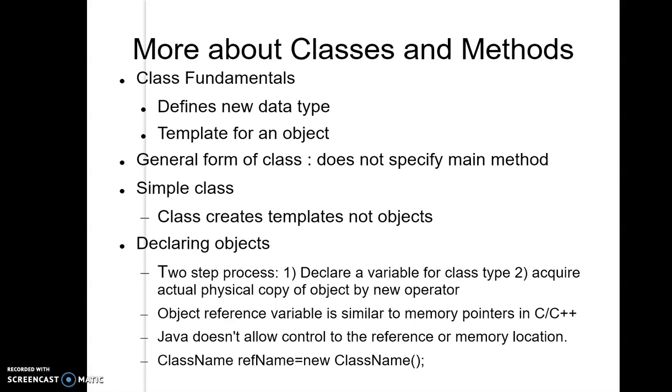So the reference variables are very similar to pointers, but the only difference is the reference variables are very secure. They will not allow the programmer to change the reference value. So we can modify the pointers, but we cannot modify the reference value.